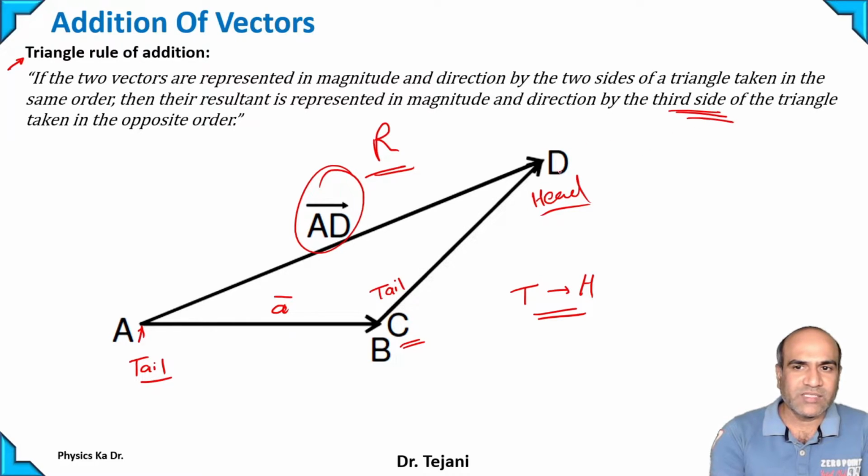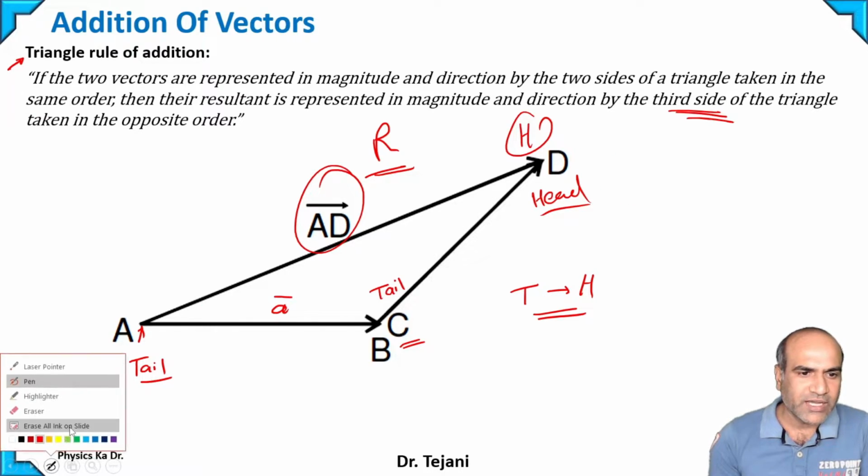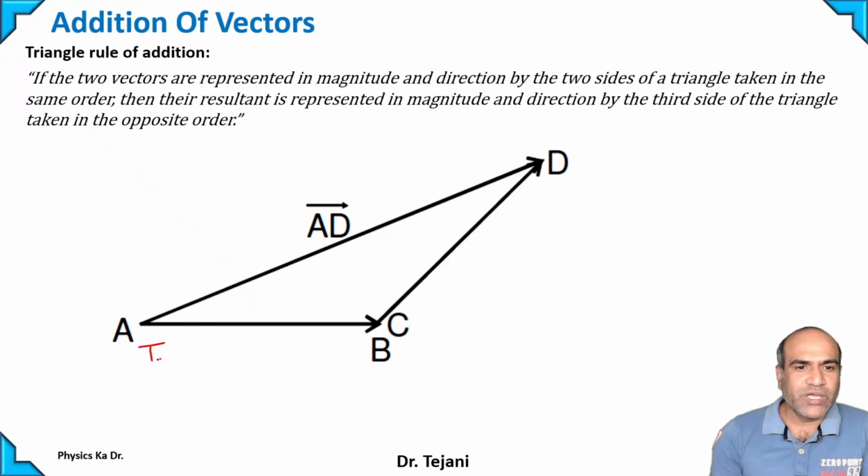That means here it is meeting head to head, not head to tail. If you see how the order works, this is the tail and this is the head of vector AB, or simply we can say A vector. So this head is meeting the tail, but here head meets head, right?